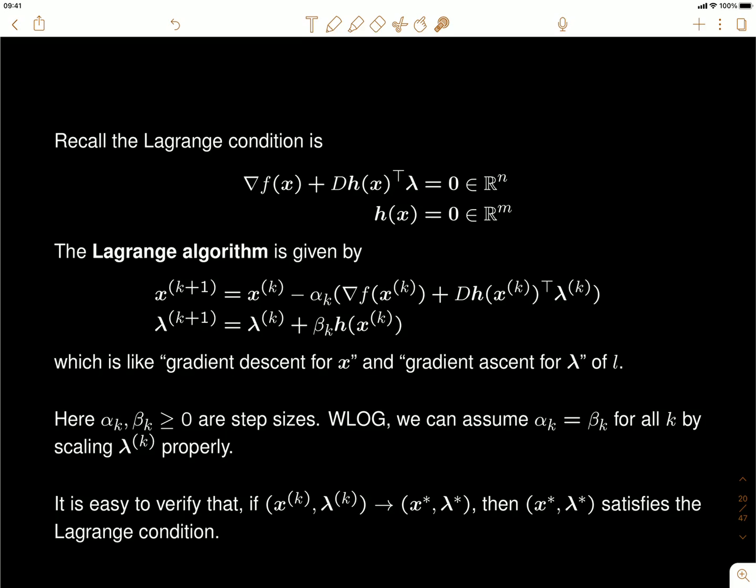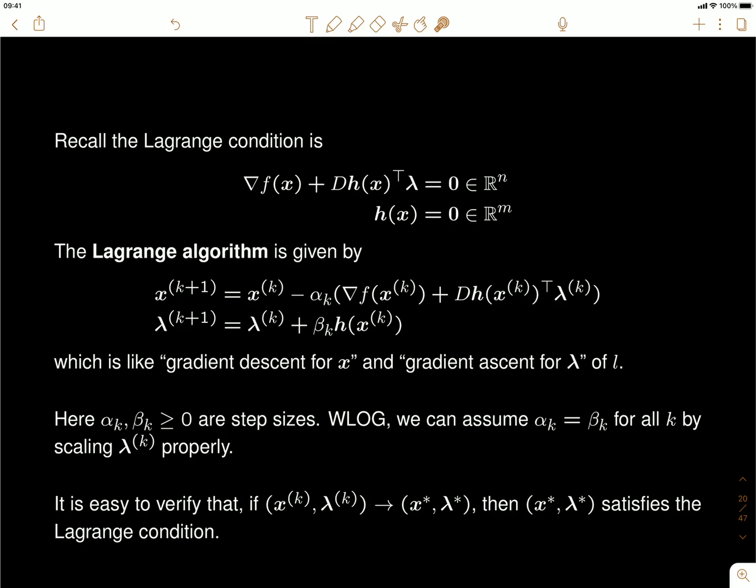But at least right now we can think of this as just a proof of concept. It gives us some confidence. Suppose we can really get a convergence, meaning that xk converges to x star, lambda k converges to lambda star. Now what happens is this goes to x star, this goes to x star, so they will be cancelled on the two sides, right? This goes to lambda star, this also goes to lambda star, so they will be cancelled.